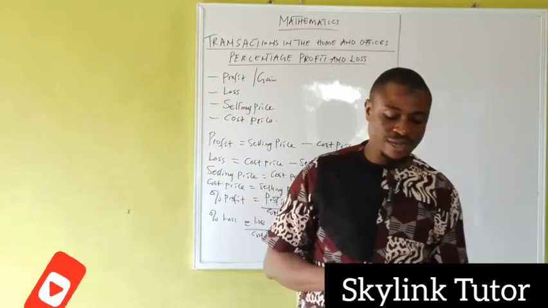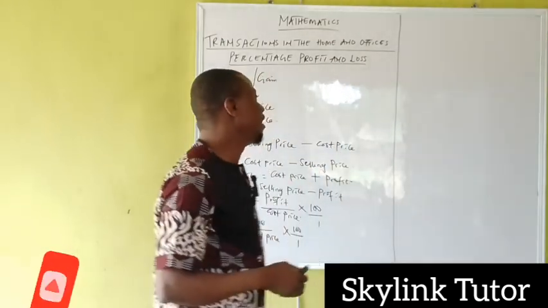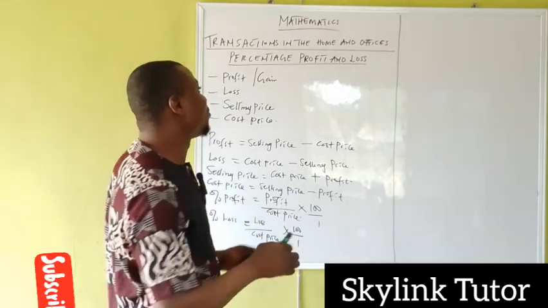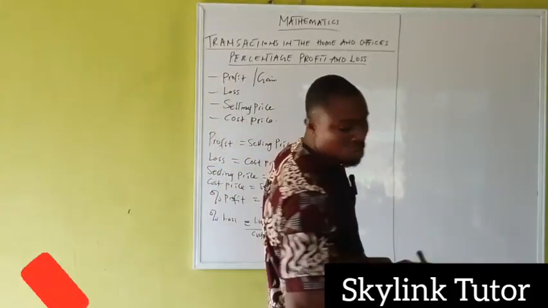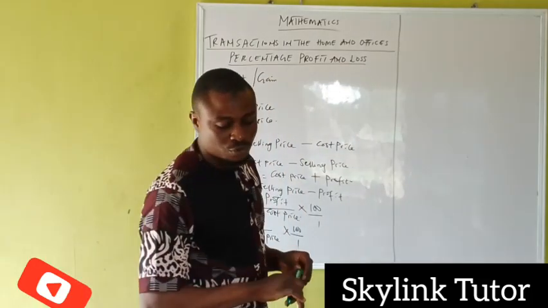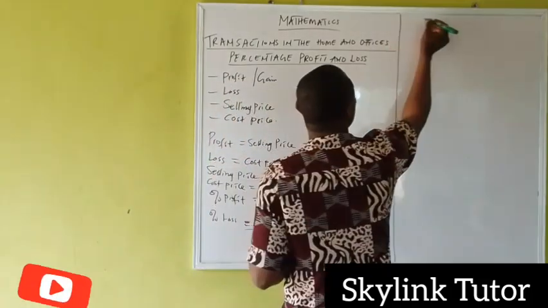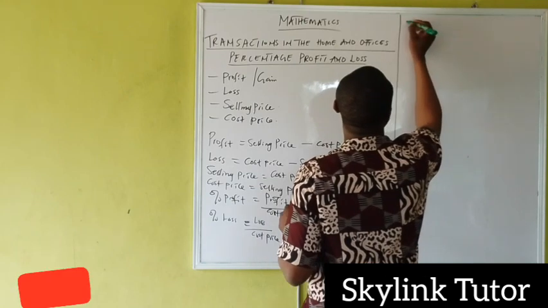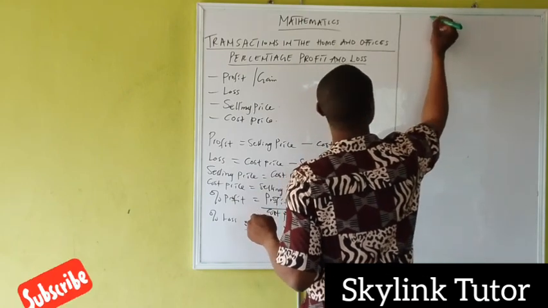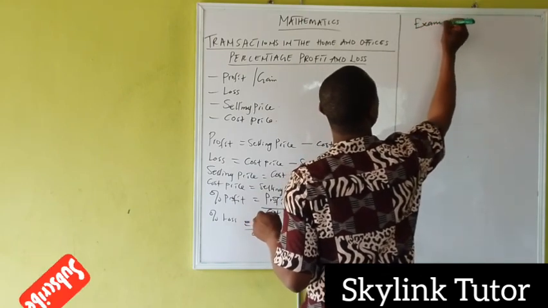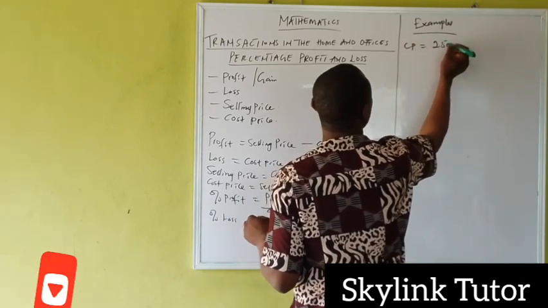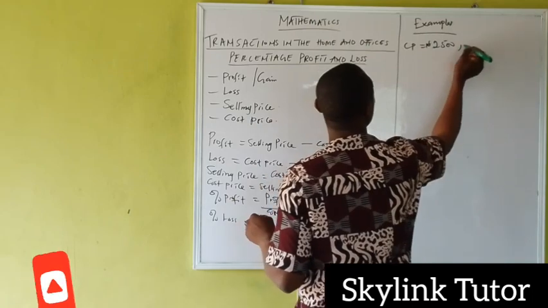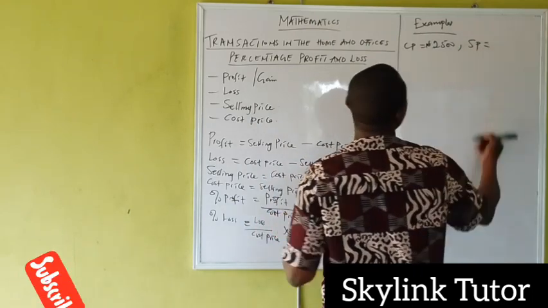Find the percentage profit or loss. The first thing we need to know is our cost price. Our cost price here is 2,500 naira. Our selling price here is 3,020 naira.